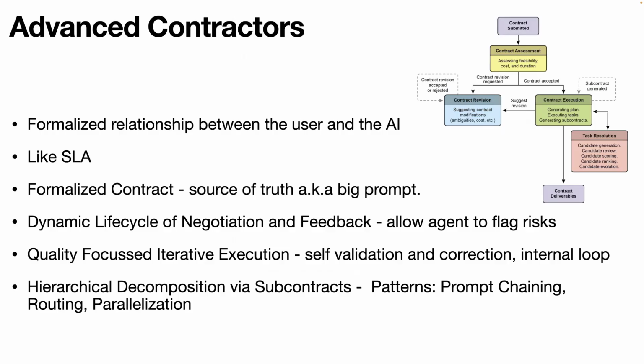Another thing is, you have to give your agents the ability to self-validate and correct themselves. This is usually just an internal loop, which on every step asks the agent to verify and double check information.